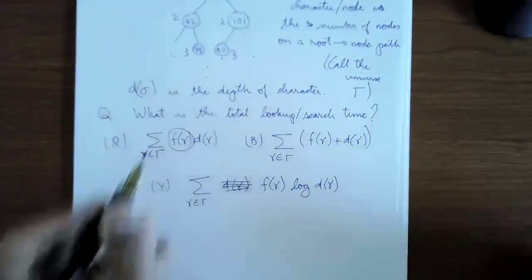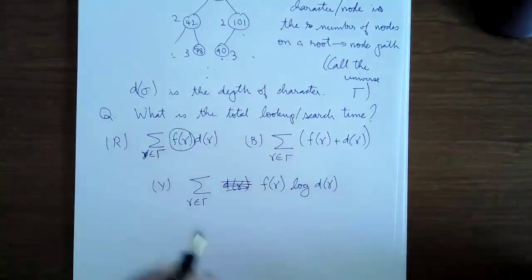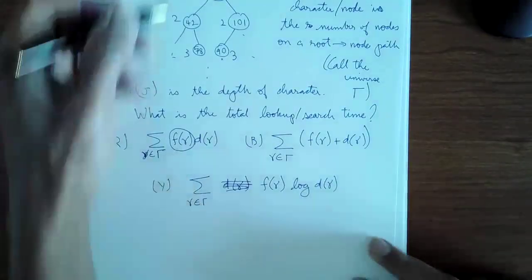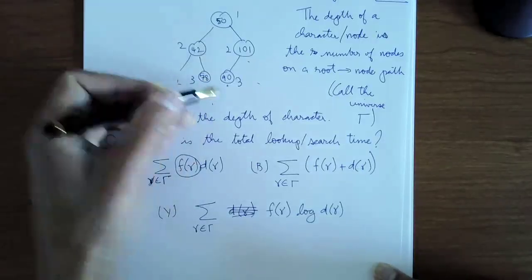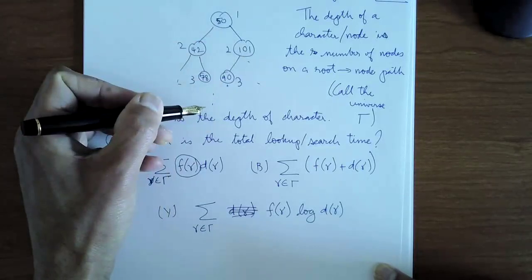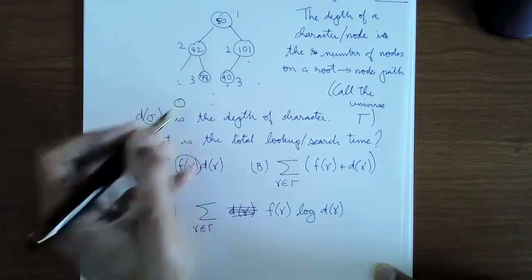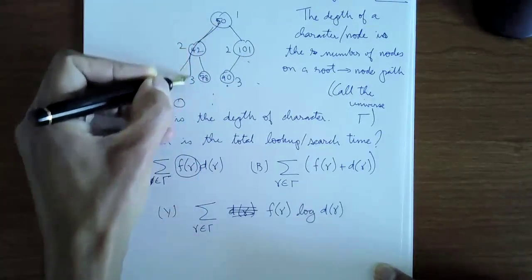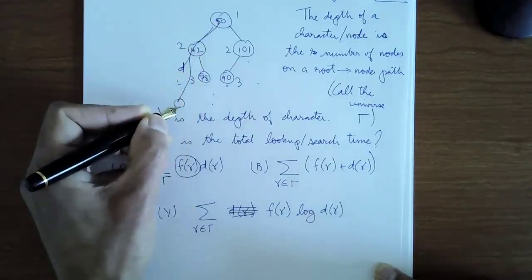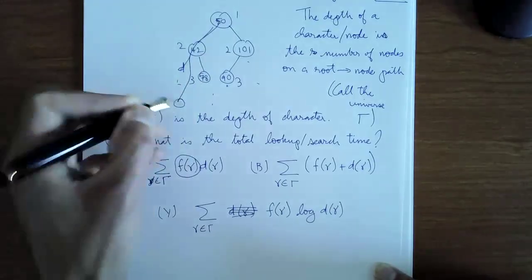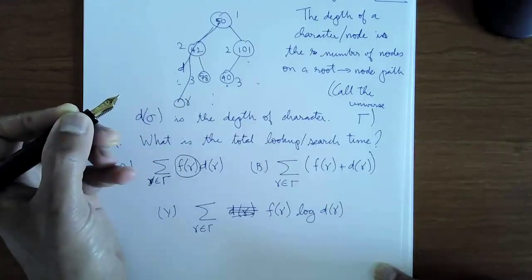For every search of the character, how long does it take to find something at a depth of d? It takes d steps. Right? So if you look at some character down here, how long is the search going to take? It's going to take the depth. And how many times did you search for this? Well, f of gamma times.